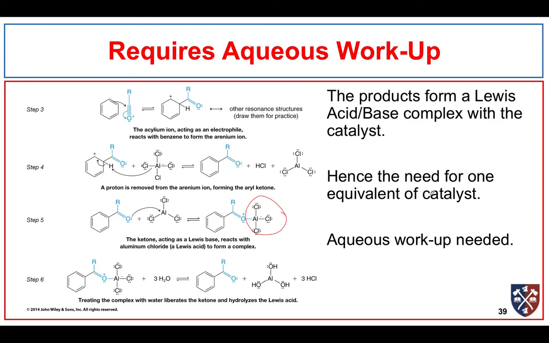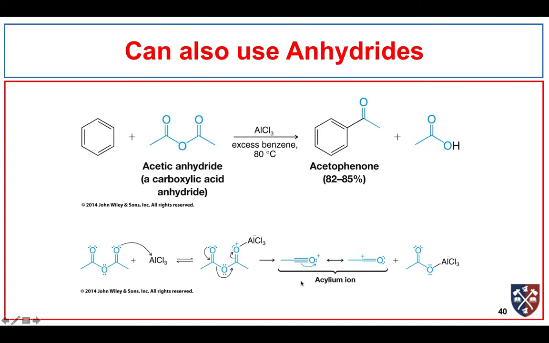That's why we need to use a full equivalent of Lewis acid in this case. The way we get rid of this adduct is to just work it up under aqueous conditions to regenerate the product that we want, the substituted benzene, and we also dissolve our Lewis acid-base adducts in the aqueous workup.